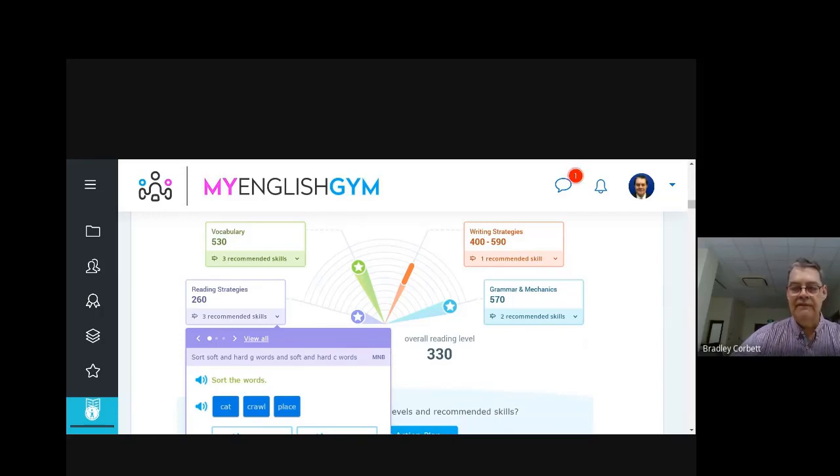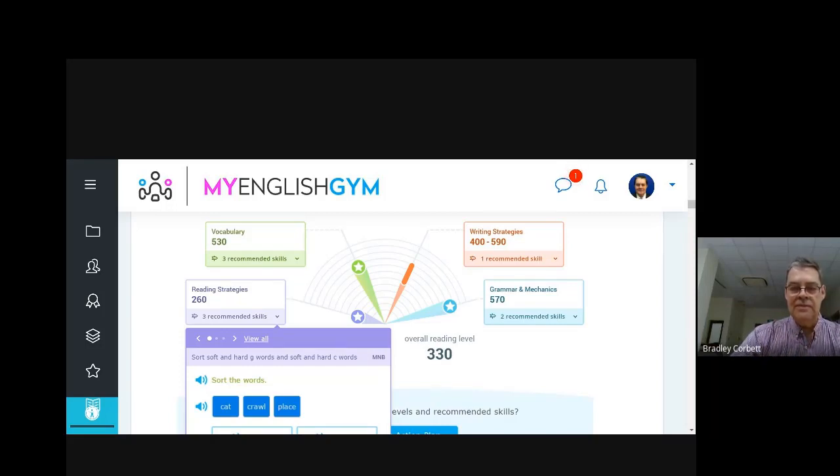So we can completely identify the skill level of the student and help them achieve their goal by improving their weaknesses. So once we do the initial analysis, the program will recommend different skills that the student should be learning to build up their areas in each of these skills.